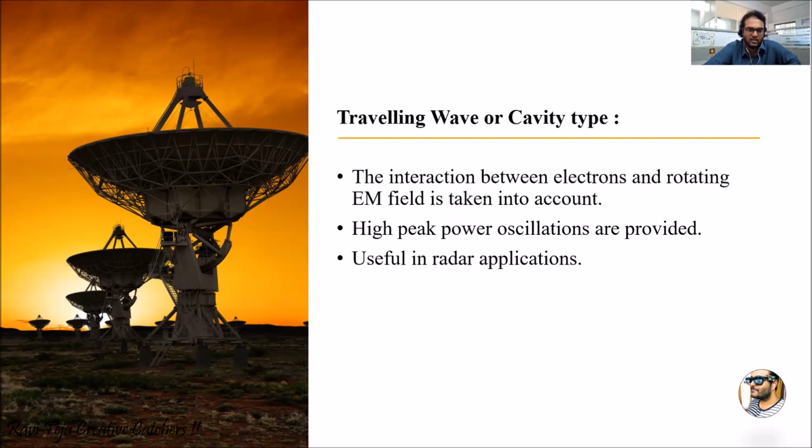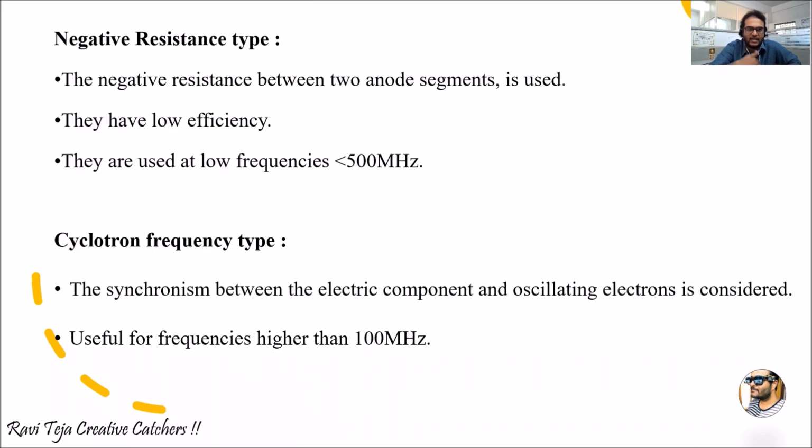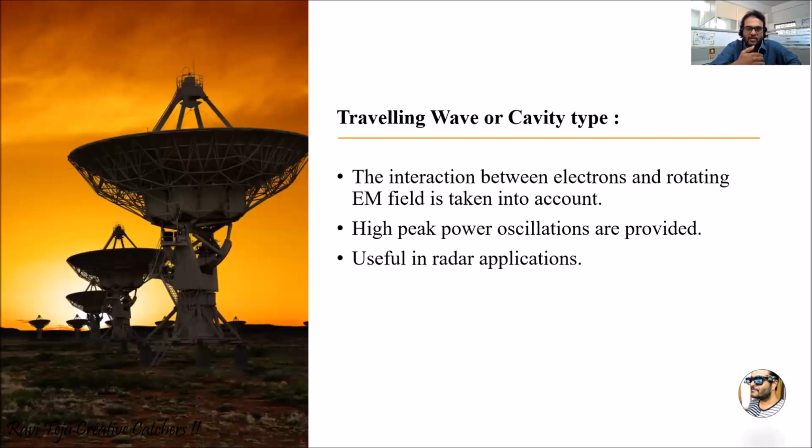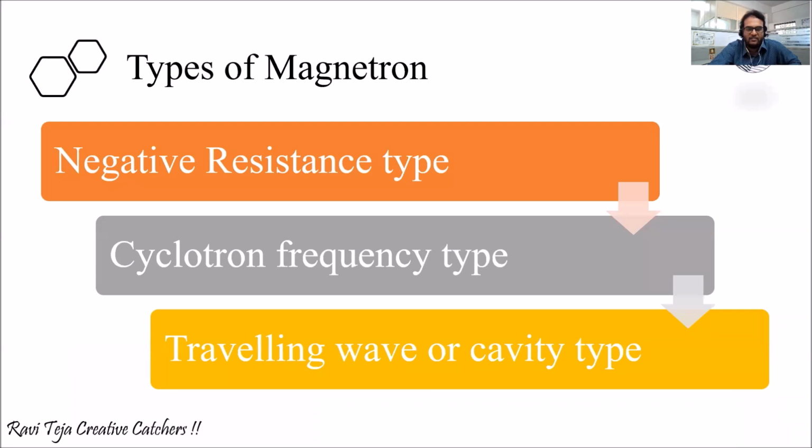Compared to the negative resistance type and the cyclotron frequency type, the traveling wave or cavity type is the most preferable, as it generates high power oscillations or high power signals which can be used in very efficient applications. So these are the three different types of magnetrons: negative resistance type, cyclotron frequency type, and traveling wave or cavity type, where we will see the generation of the frequencies one by one.